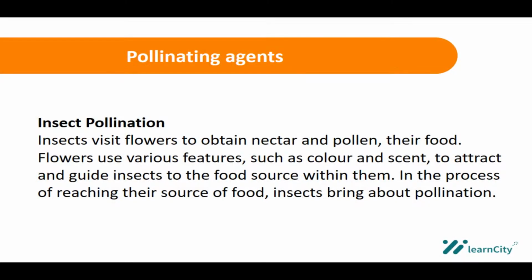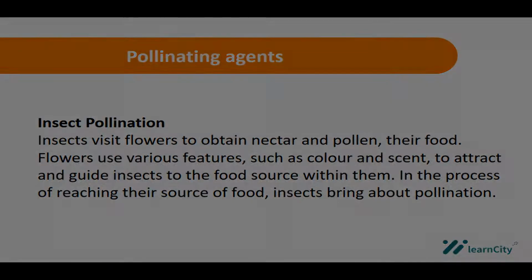Insects visit flowers to obtain nectar and pollen, which is their food. So they go to the flower to obtain that food. Flowers use various features like color and scent to attract these insects.